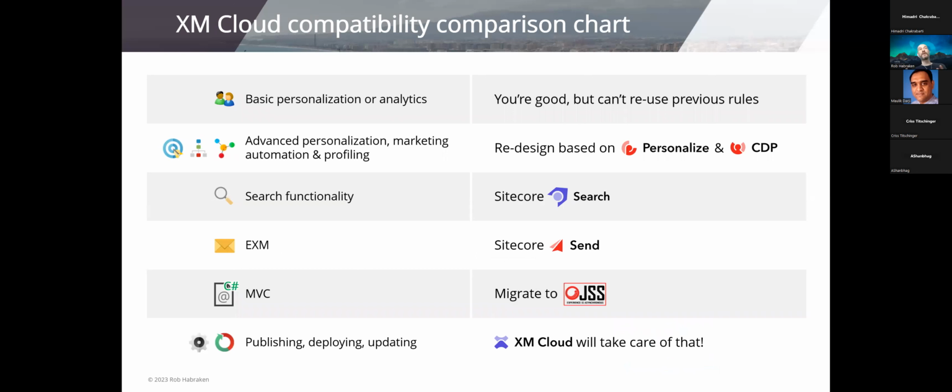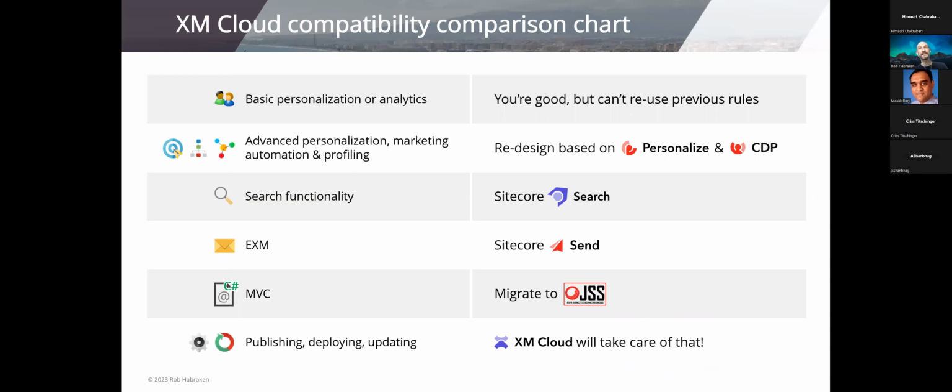So to summarize, I've built this overview chart: basic personalization or analytics is going to work within XM Cloud, but you have to recreate the rules. You can't reuse the previous rules. And for any advanced marketing automation, redesign this based on Personalize and CDP.